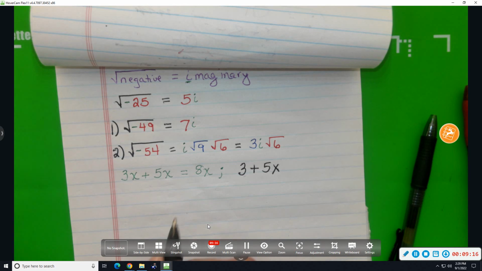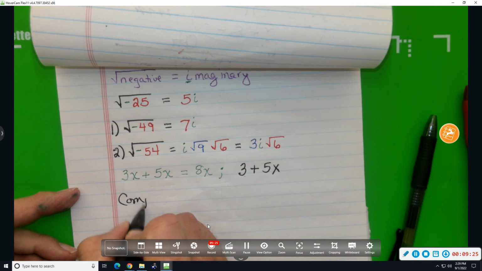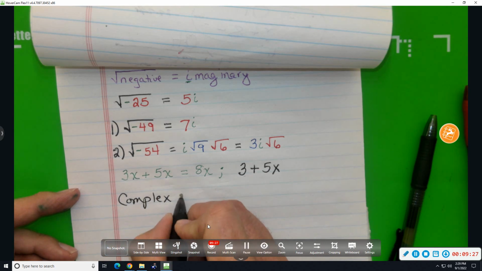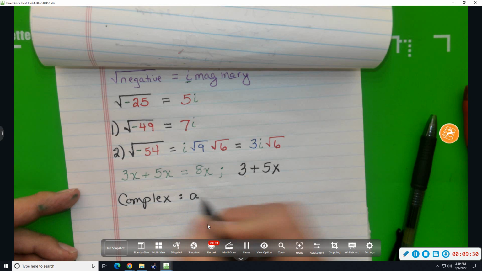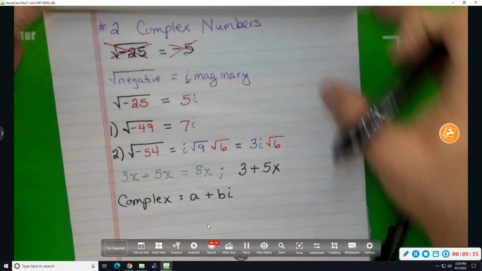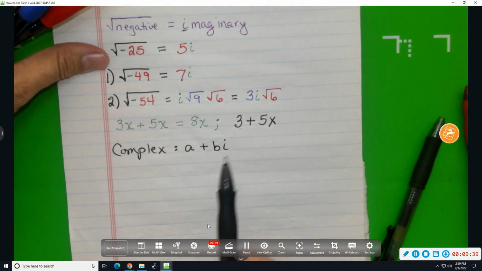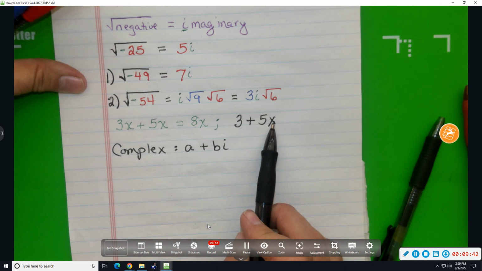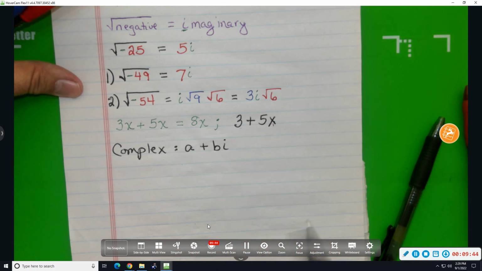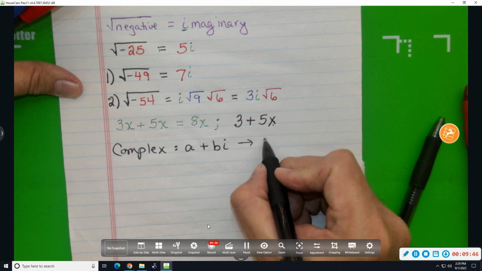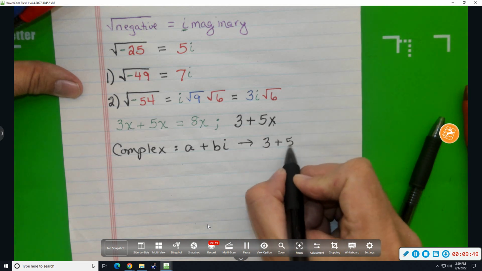But for our purposes, let's imagine that we're working with imaginary numbers and real numbers. A complex number is in the form A plus BI. A plus BI, that's a complex number. So imagine if there was the x here, instead of the x, an I. An example of complex numbers, 3 plus 5i.